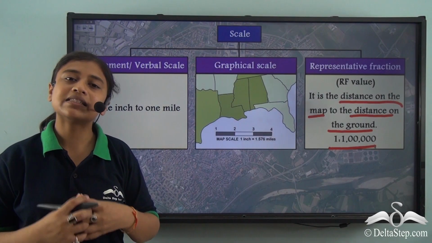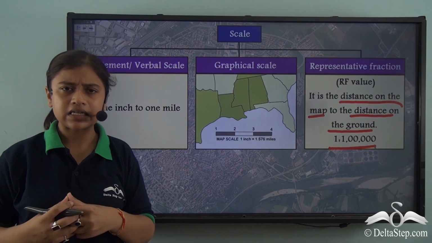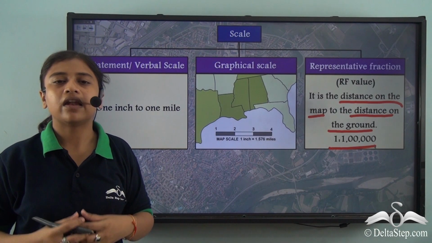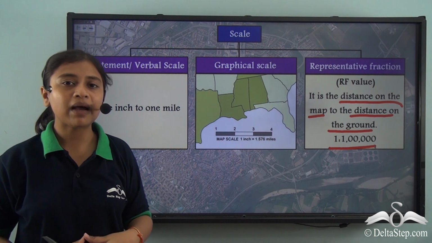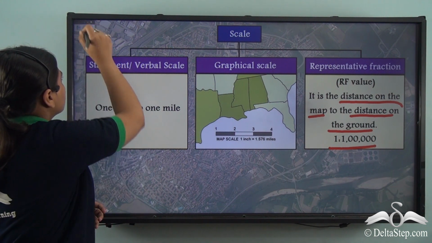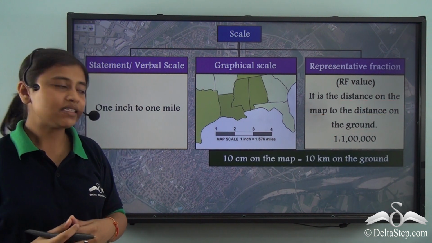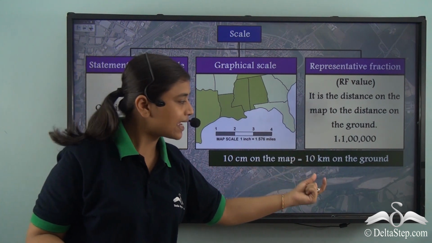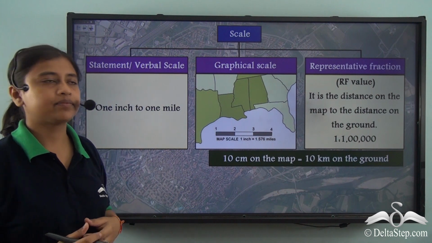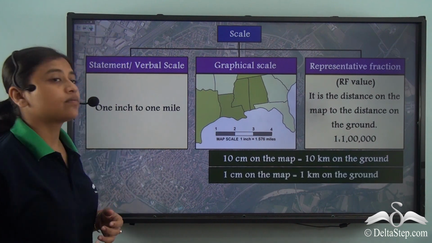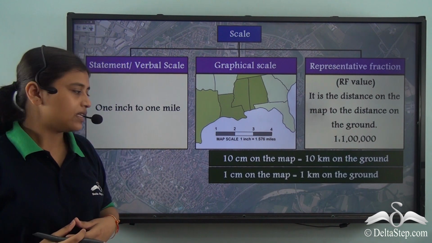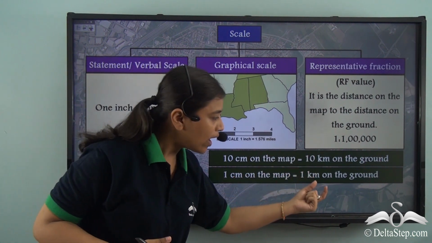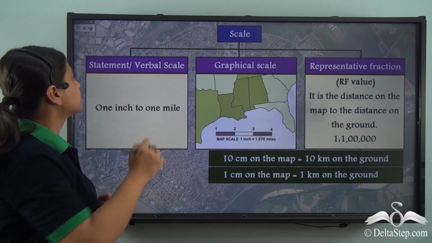Let's go back to the similar example where we have to study an area of 10 kilometers square on the real ground. How do we do that on a topographical map? Let's take 10 centimeters on the map to be equal to 10 kilometers on the ground. That means 1 centimeter on the map will be equal to 1 kilometer on the ground.